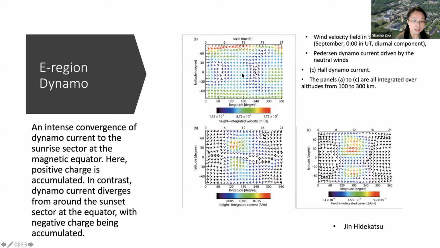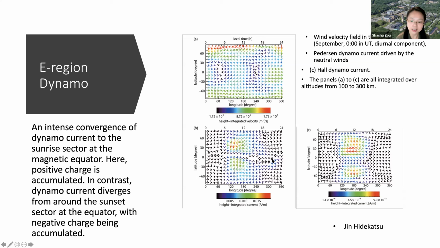What that tells us is we might have a charge accumulation situation, right? So if we look at this B part, there are some divergence and convergence of those currents. And those currents here are carried by the ions. So that means in this case, on the dawn sector, we will see a convergence of ion currents, and that means we collect more ions on this side.